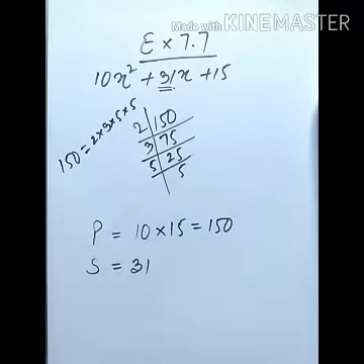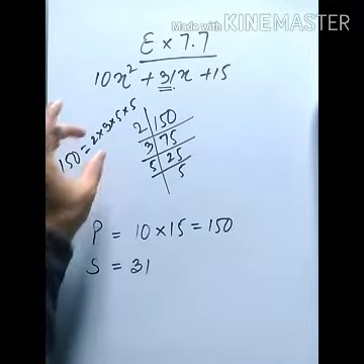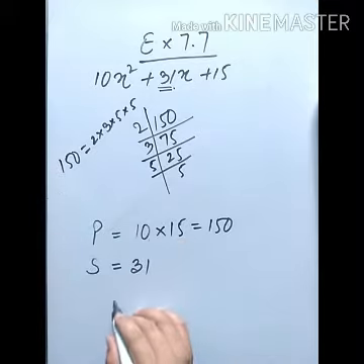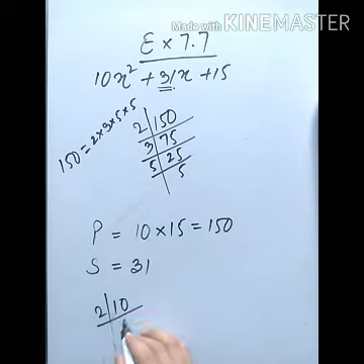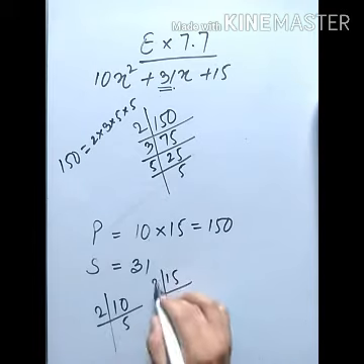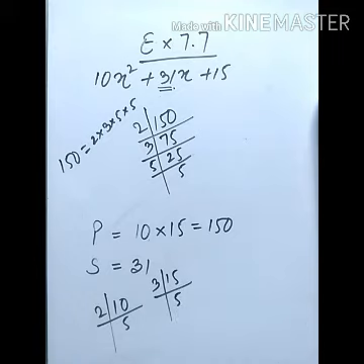Okay. So in another way, how can we find these factors again? This is 10 and this is 15. If you factorize 10, we'll get 2 into 5. And if you factorize 15, you'll get 3 into 5. So 10 into 15 is actually 150 only.